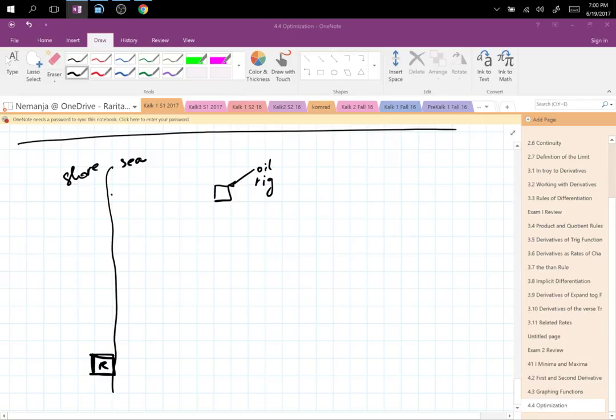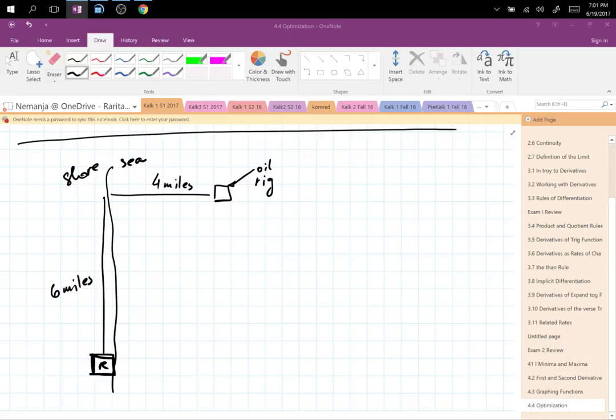So say this is 4 miles, and say this way 6 miles. So what you could do is build a pipeline through, and what we know is that building pipeline underwater is much more expensive than building pipeline on land. That should be common sense because you have to work underwater. Welding and everything is much harder underwater.